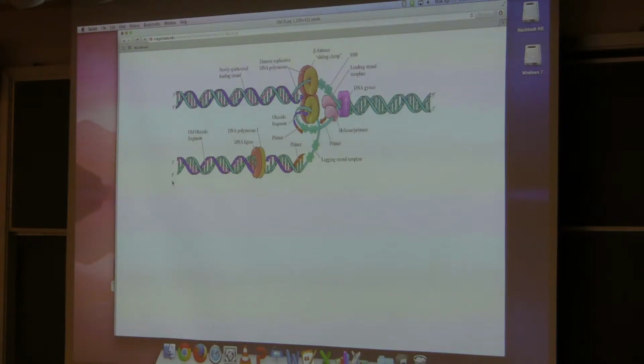RNA, DNA, RNA, DNA, RNA, DNA, okay? It's because of this mix of things that it takes 2 DNA polymerases to make it be finished.